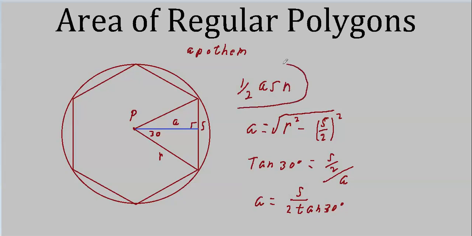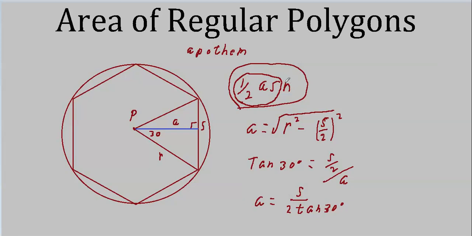And there's your nice simple formula for the area of a polygon. A is the apothem. S is the length of the side. You see what we're doing here is this part right here, this is just the area of one of the triangles. And this is just how many triangles we have.